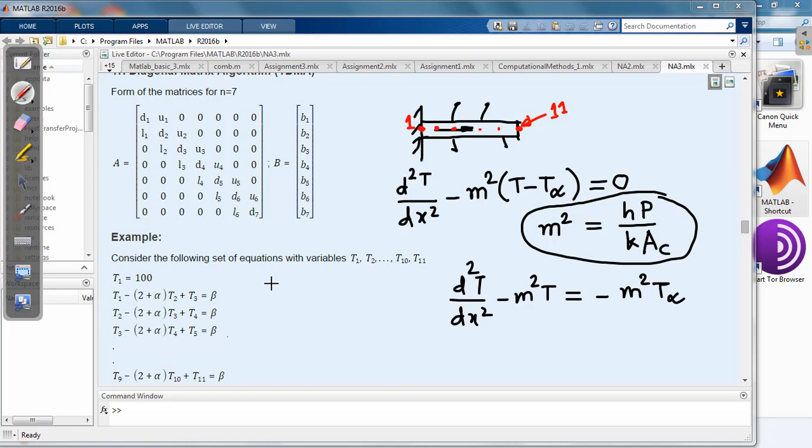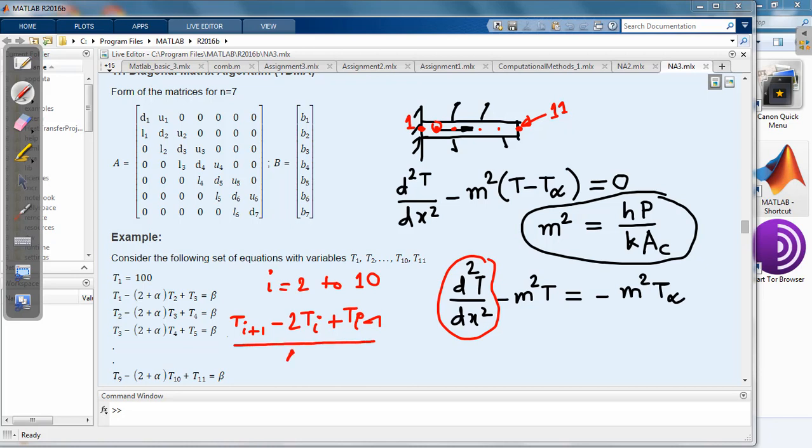So for any intermediate grid point, that means for i equal to 2 to 10, you can write, using the central difference scheme for the second order derivative, T(i+1) minus 2Ti plus T(i-1), divided by delta x whole square, where delta x is the distance between any two grid points. This is the central difference scheme, how we can discretize the second order derivative.